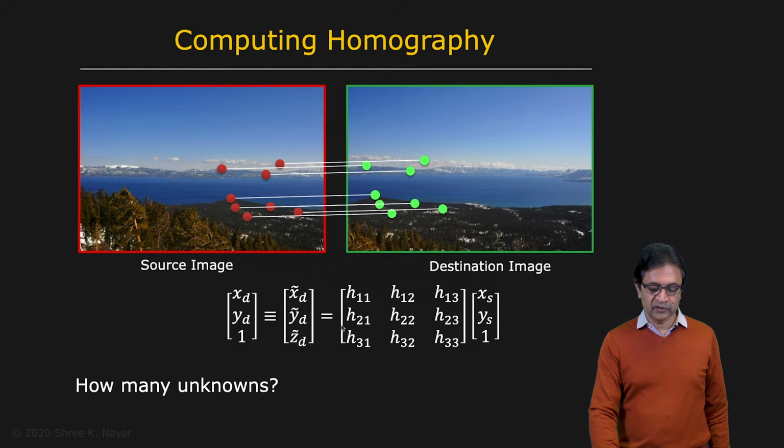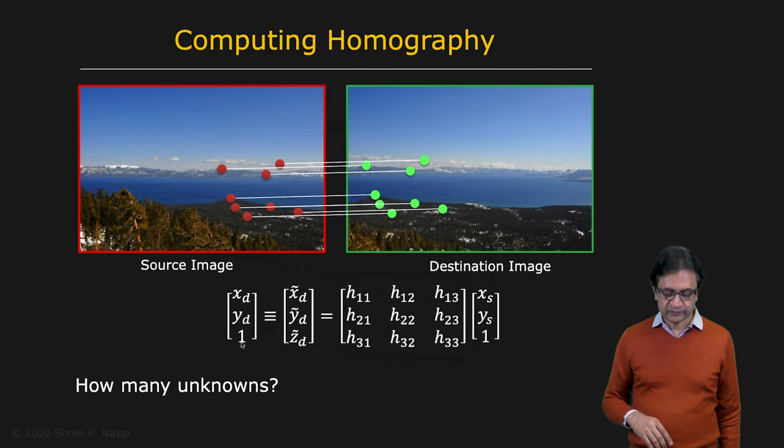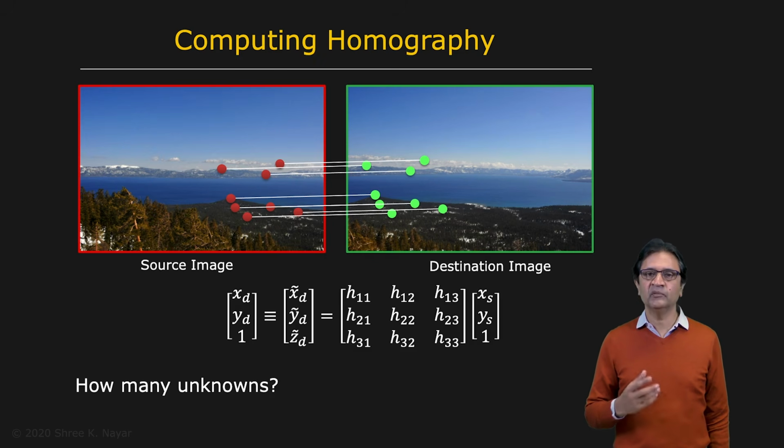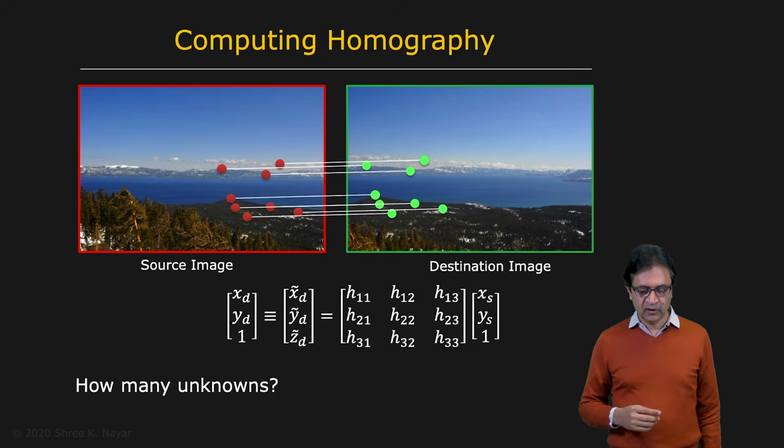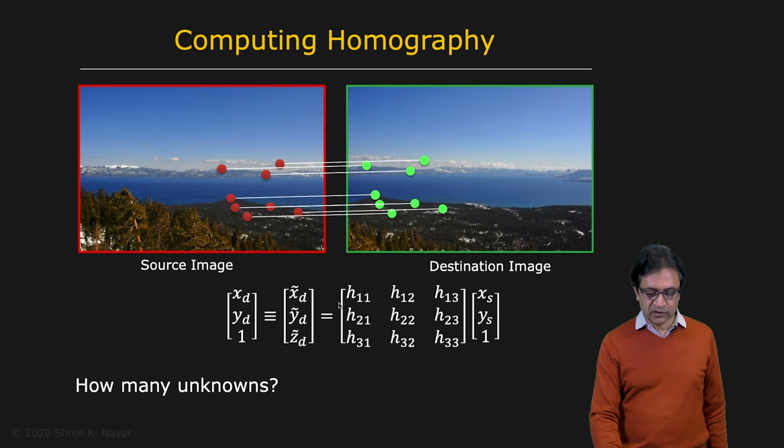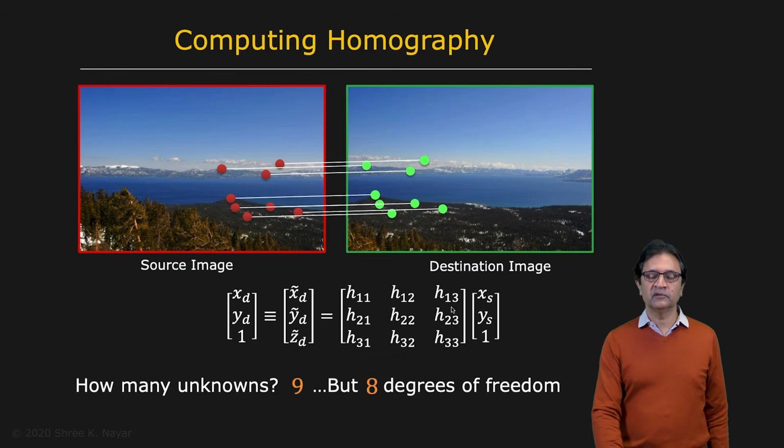Here is the homography that you are trying to compute, and you have xd, yd, 1 in the destination image. So one question to ask is, how many unknowns do we have here? Well, there are 9 unknowns here, of course, but for reasons that we mentioned earlier, the fact that we can only compute the homography up to a scale factor, we really have 8 degrees of freedom here.